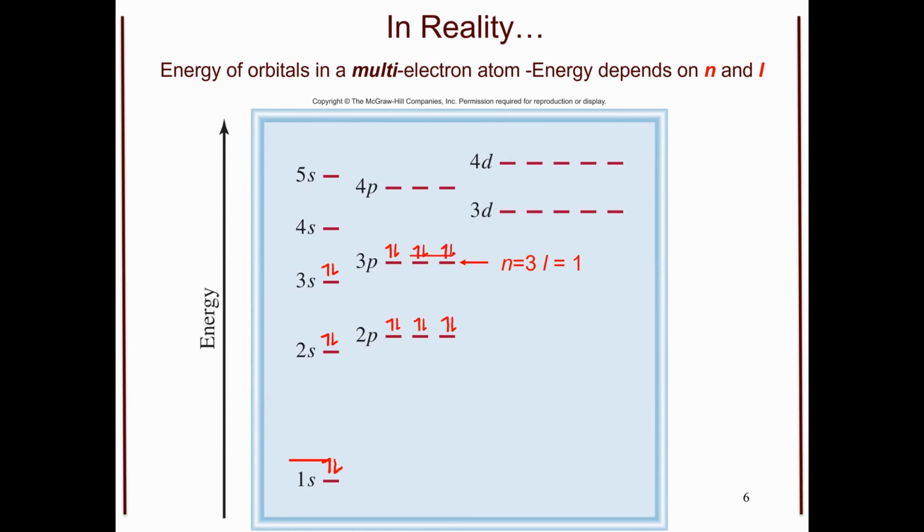If I go to 4s, notice I can go 1, 2, and now this is where I have to go to the 3d. So as I looked at that previous example, notice that I filled the 3d elements, even though 4p should be next based off of our quantum number. The 3d orbitals are actually lower in energy.